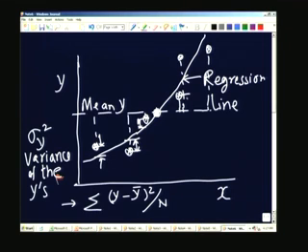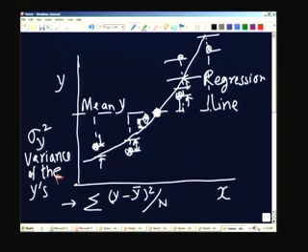I am just indicating the differences like this, and I am sorry, this is not the correct one. This is the difference I am talking about, and similarly here and here and so on. So, now I can also define a variance for the errors.